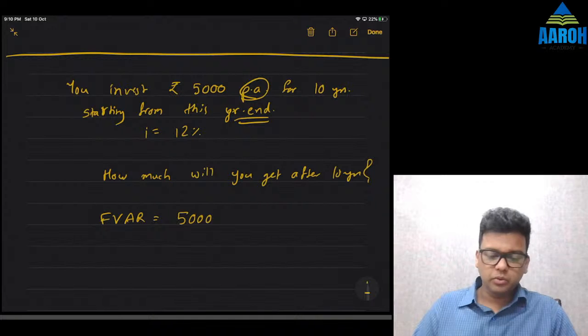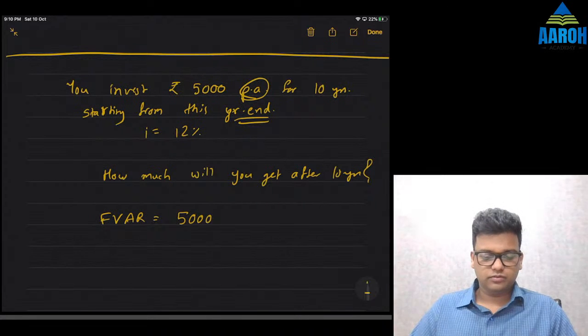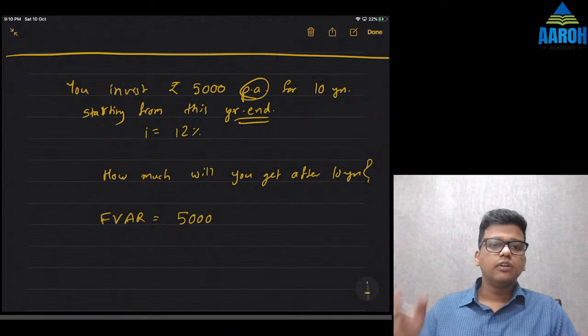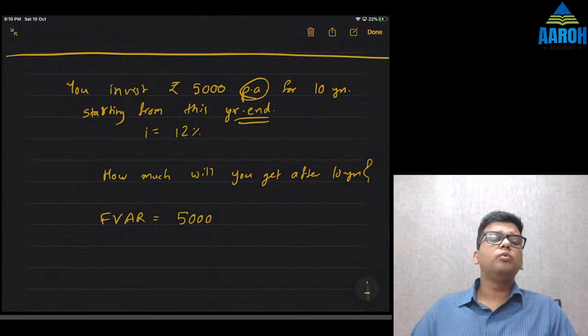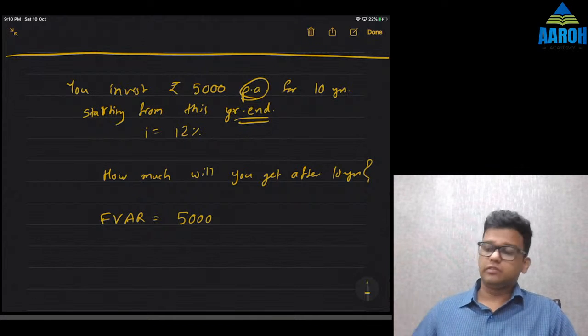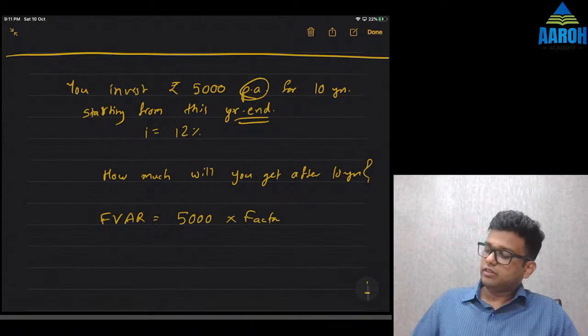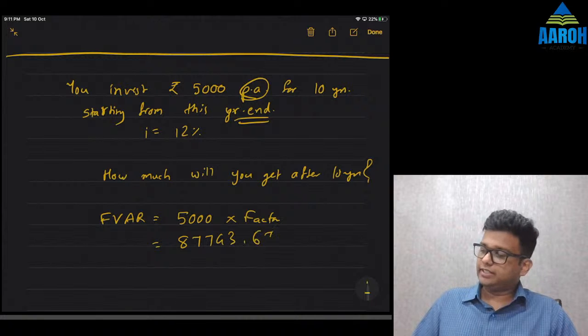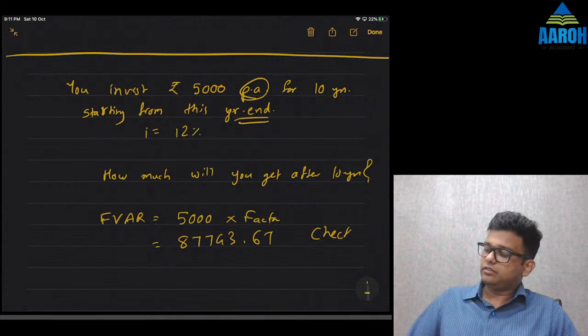So into and equal to 9 times. Then minus 1, divided by 0.12, multiplied by 5000. Check whether everyone is getting the answer 87743.67.